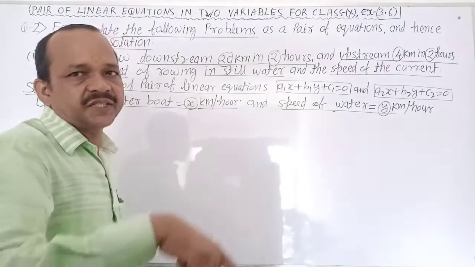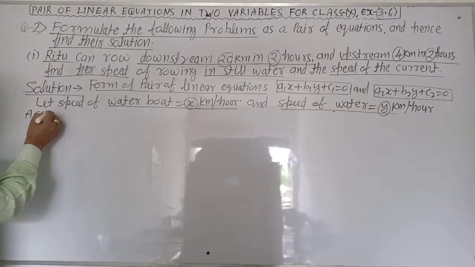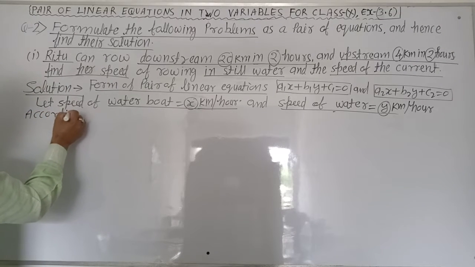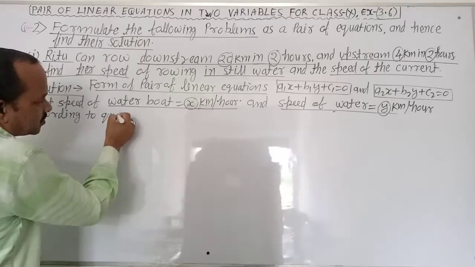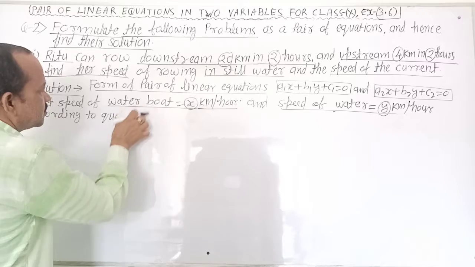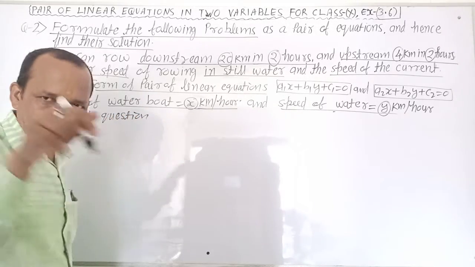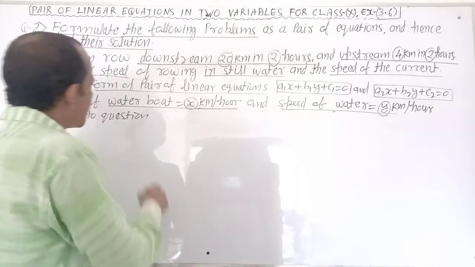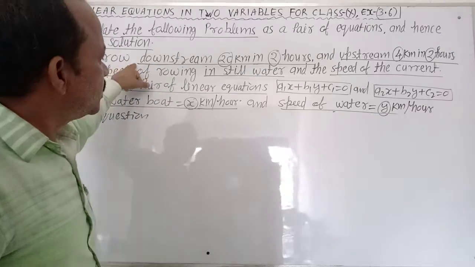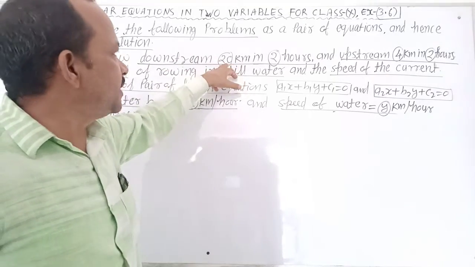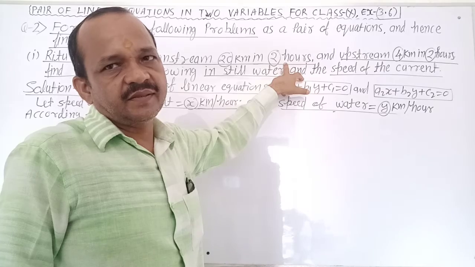According to the question, first situation: Ritu can row downstream 20 km in 2 hours.